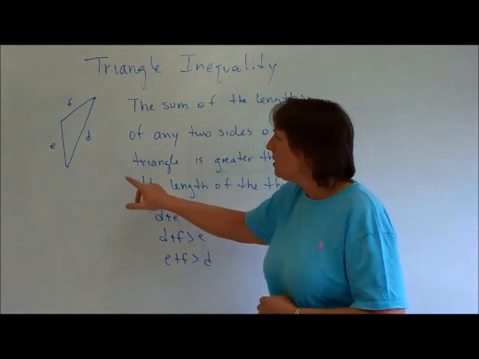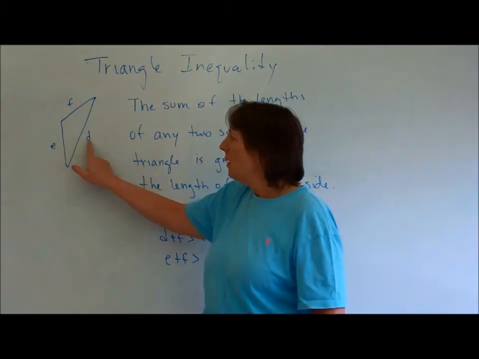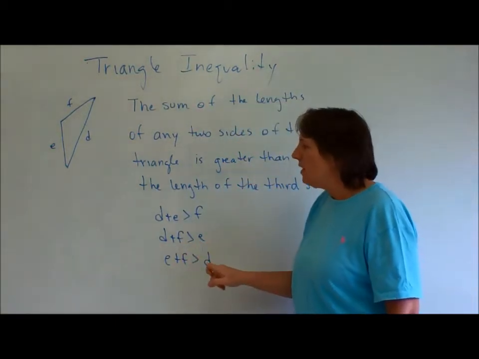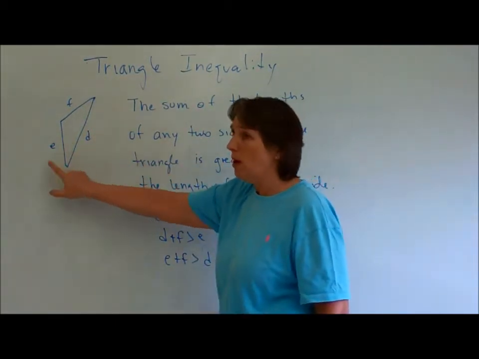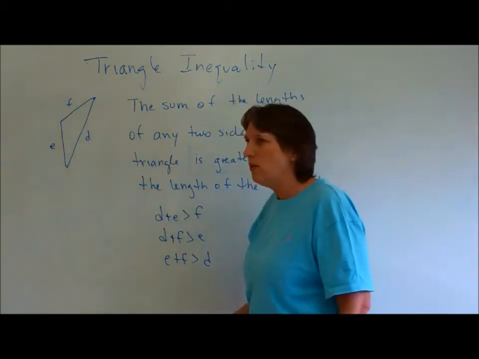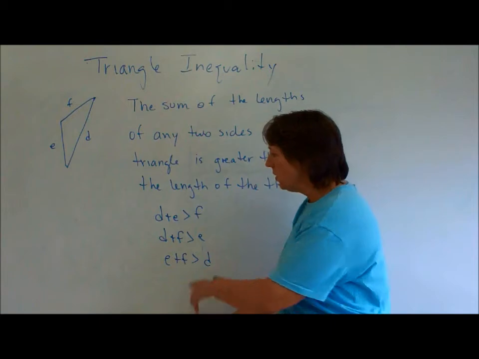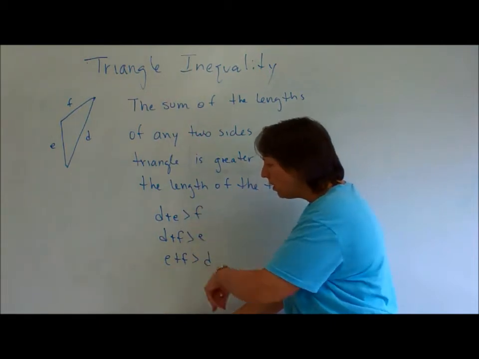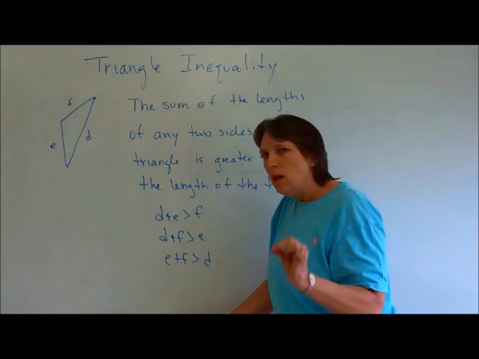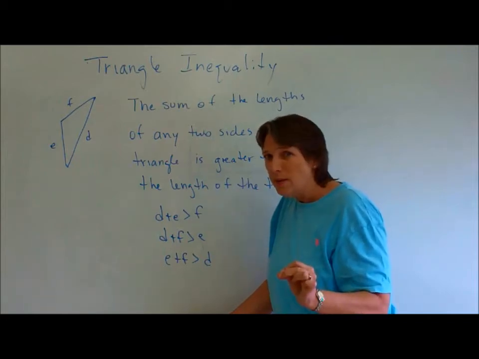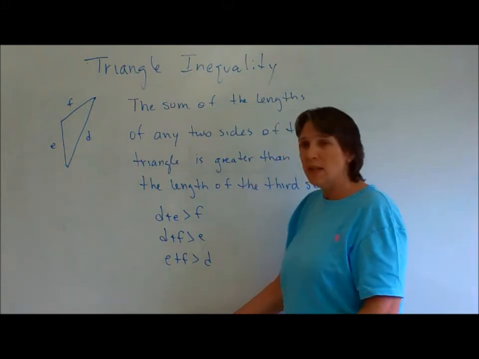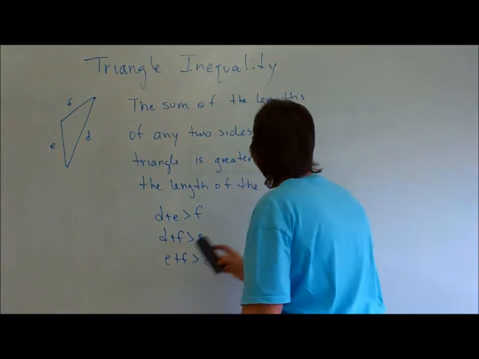D plus E will be greater than F. D plus F should be greater than E. E plus F should be greater than D. Notice none of these inequalities say greater than or equal to. It cannot be equal to, or it is not a triangle. Okay? So let's test it out.